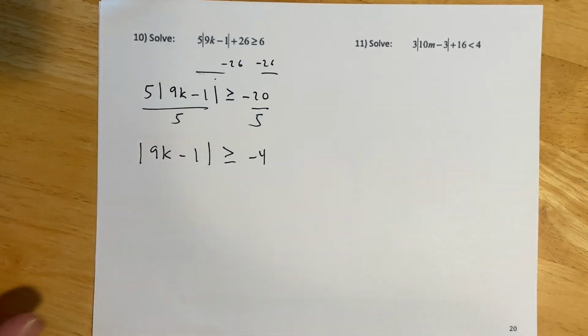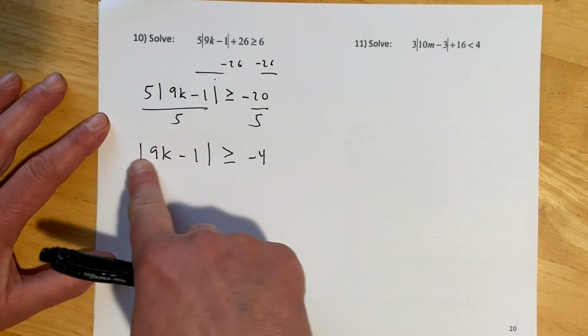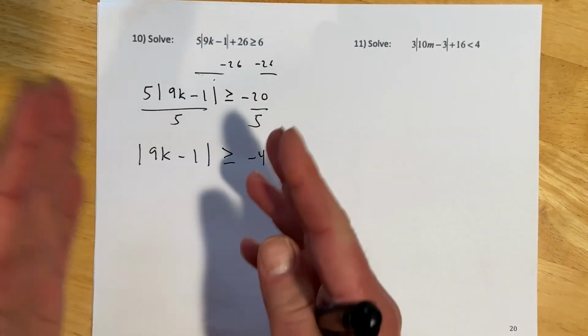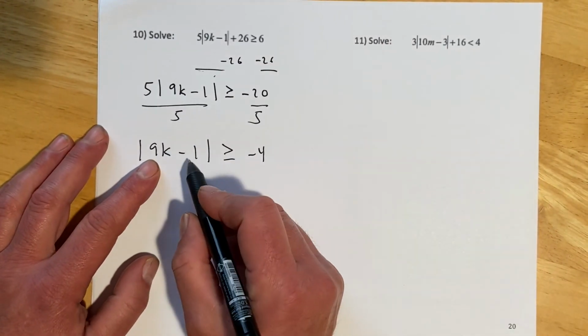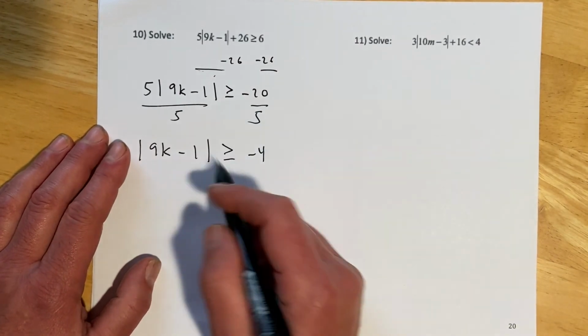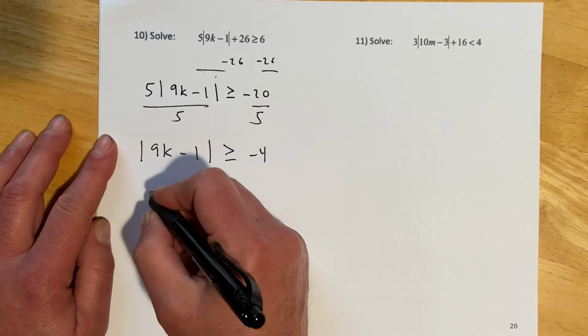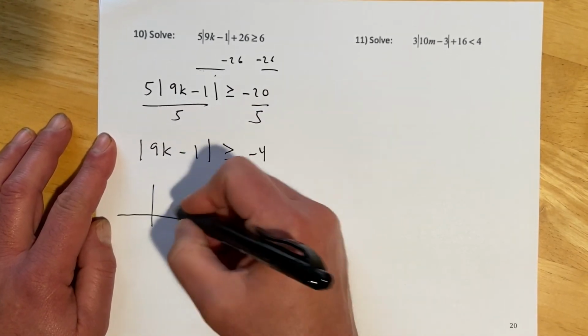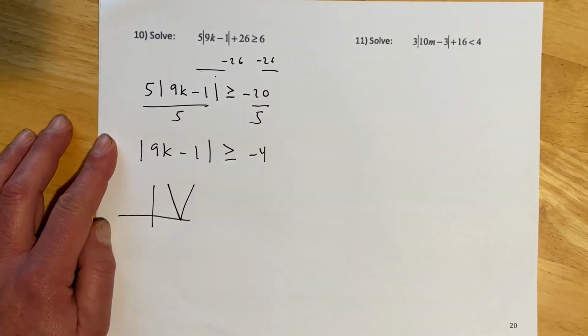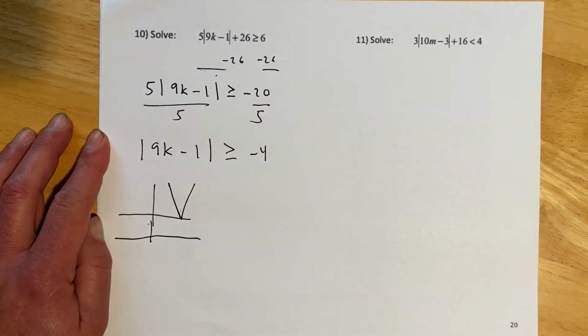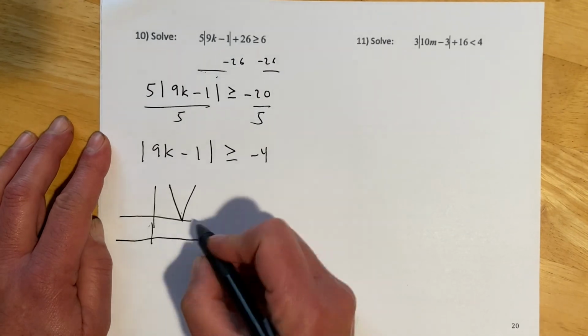If we think about the graph of this, 9k minus 1, that's got some kind of weird compression going on, which could also look like a vertical stretch, and a shift, but it's a horizontal shift. It hasn't shifted up or down at all. So this would be something like that. So when is this thing greater than negative 4? Well, pretty much always, right?